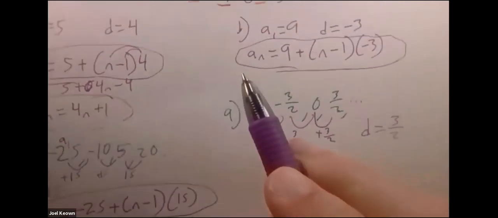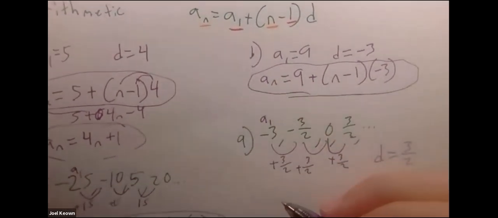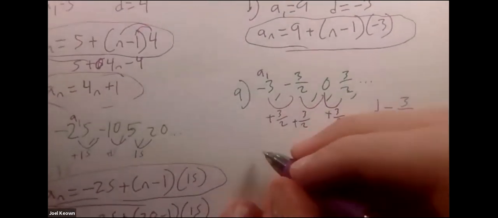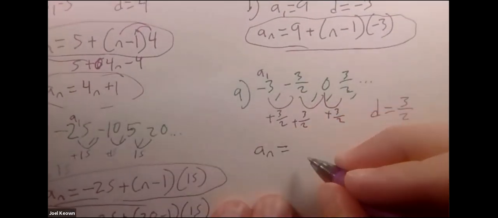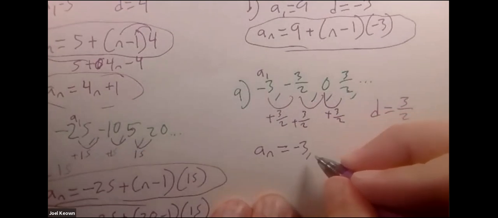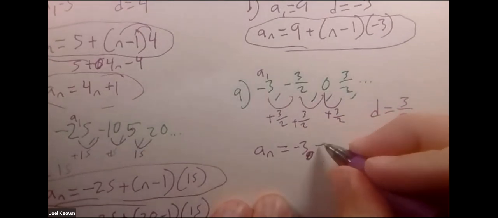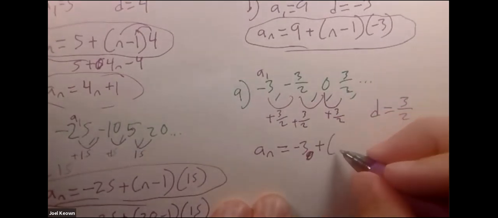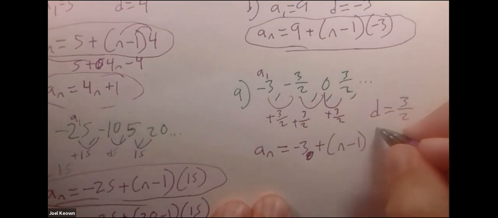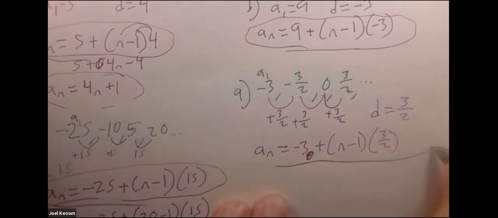So I'm going to plug into my formula. a sub n equals my first term, negative 3, plus parentheses n minus 1 times my common difference, which is 3 over 2. Circle it, because that's my rule.